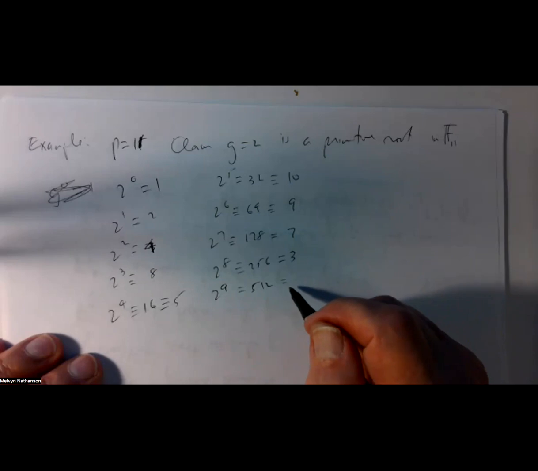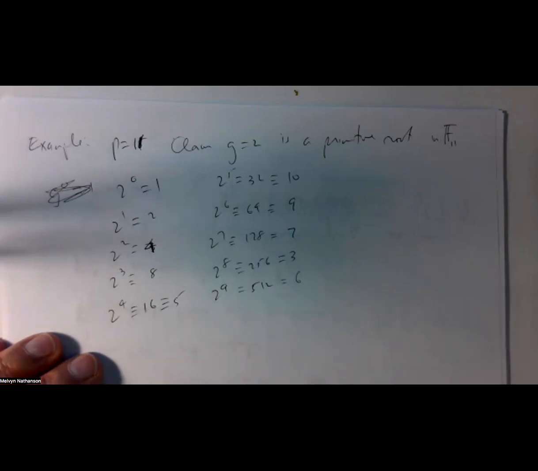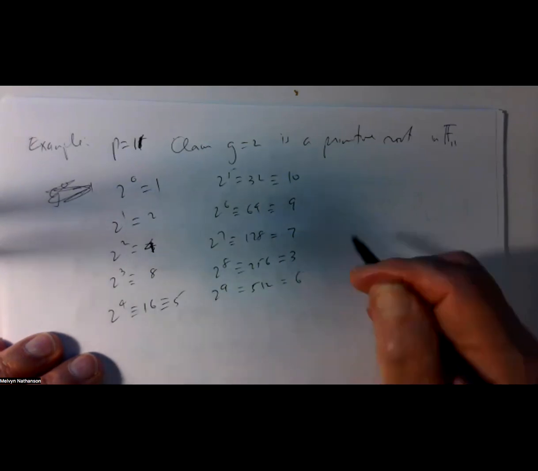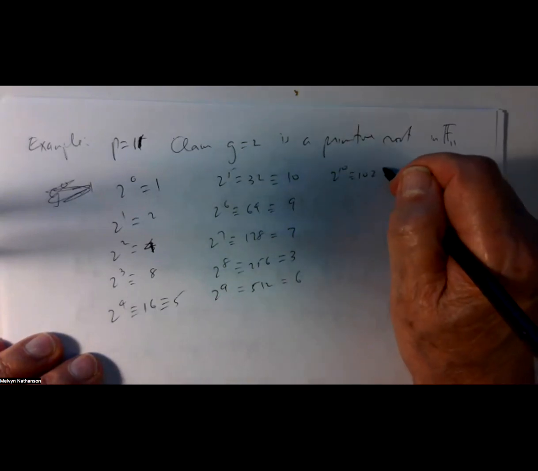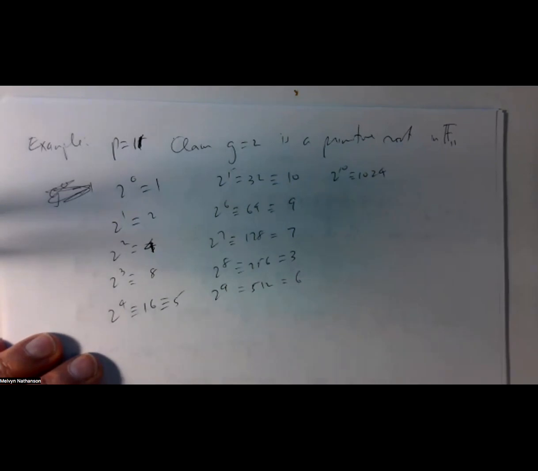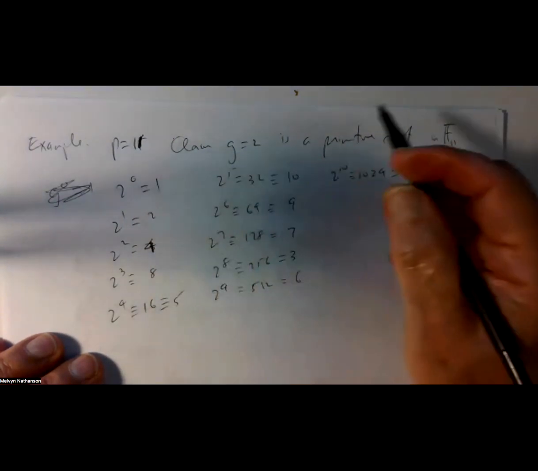If you divide that by 11, I think you get 6. 2 to the 10th is 1,024. If you divide that by 11, what do you get? 1. You're back to 1.